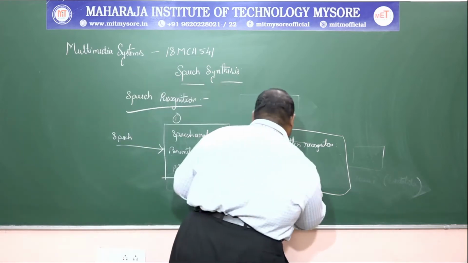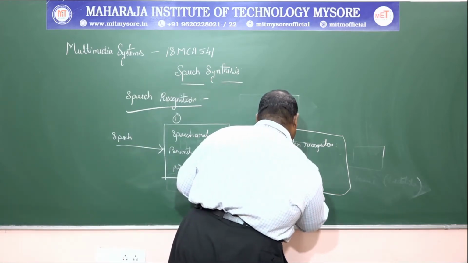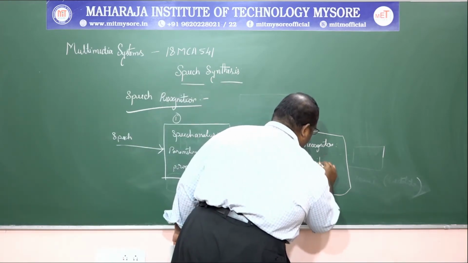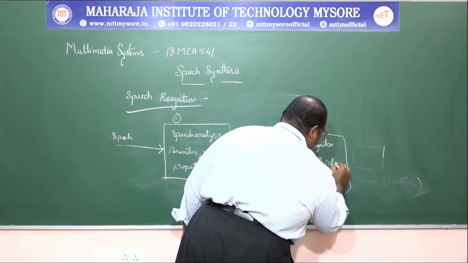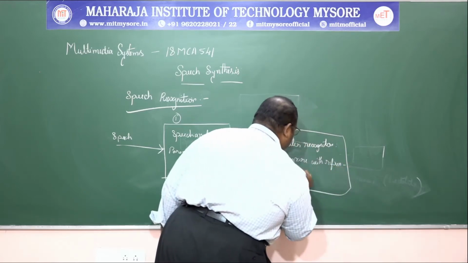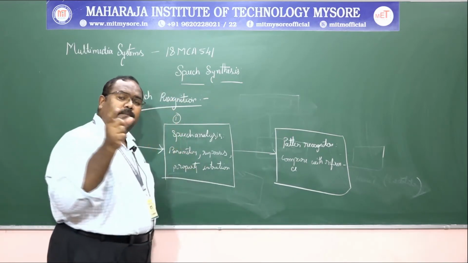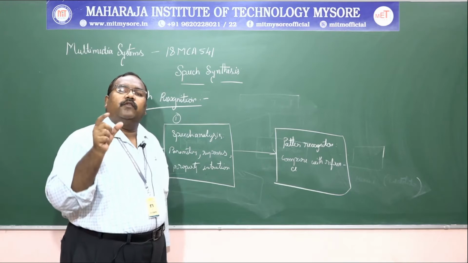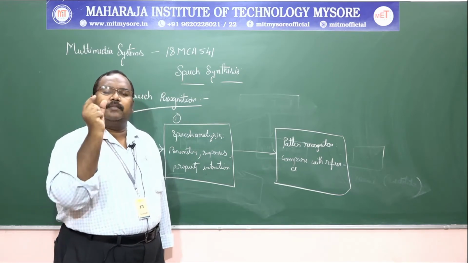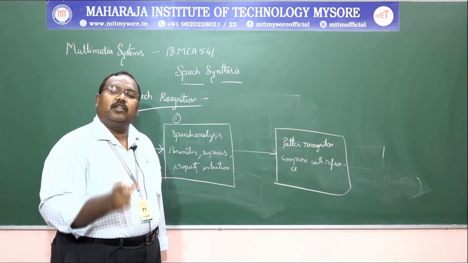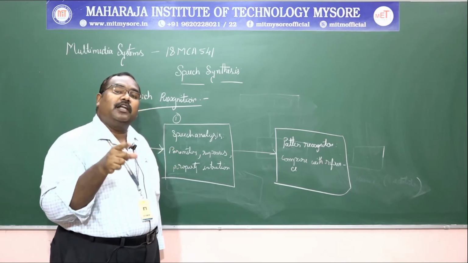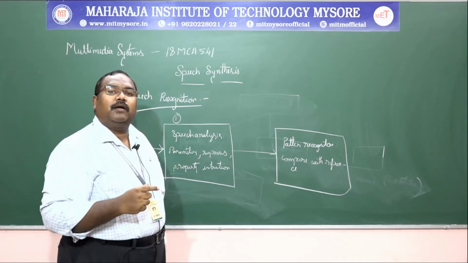We compare with the reference. What is that? When we have extracted a particular sound or a phoneme which is exactly a meaningful statement or a word, we need to compare it with something. When we say compare, we need to have a reference point to compare.